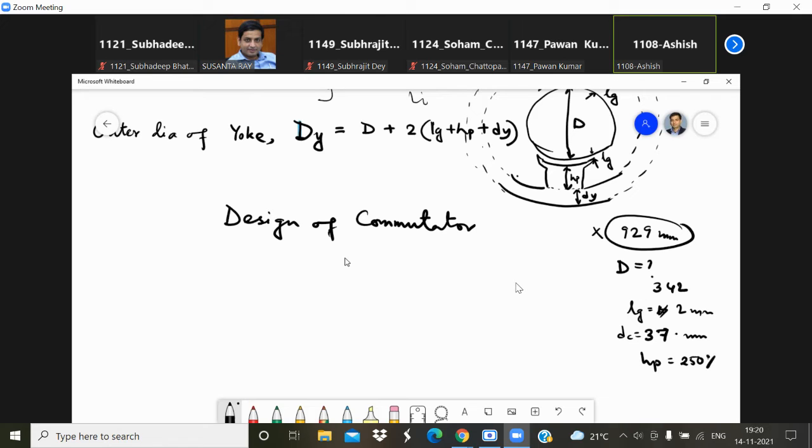Sir, for 30 kilowatt machine, I am getting outer diameter 368 mm. Okay. For 40 kilowatt machine, I am getting the outer diameter as 469 millimeter. The higher side.